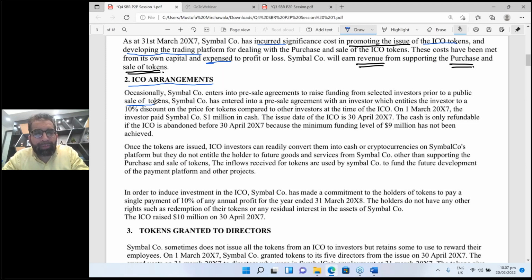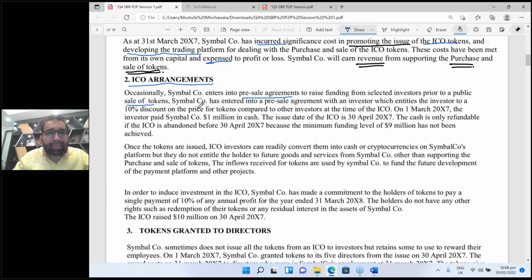Before launching the project officially, these constructors sell the projects to their friends and family, arrange funds, and give some initial discount. Same is the case here: before the official funding date, they arrange some finance. This is called pre-sale agreements to ensure some funds.